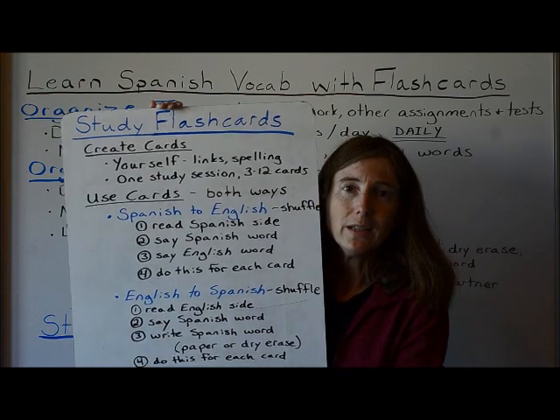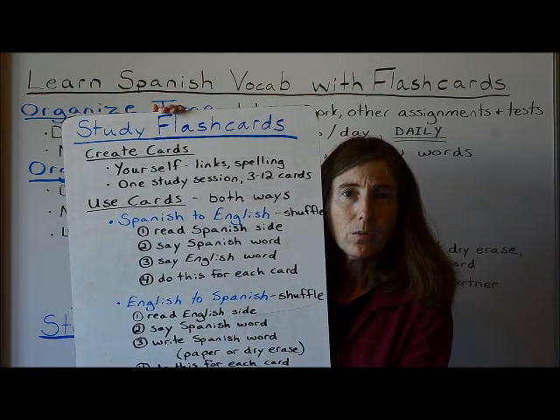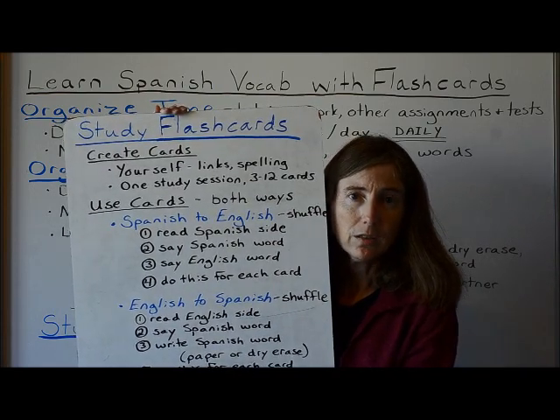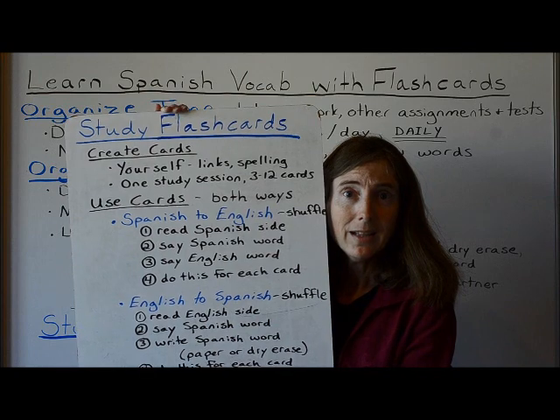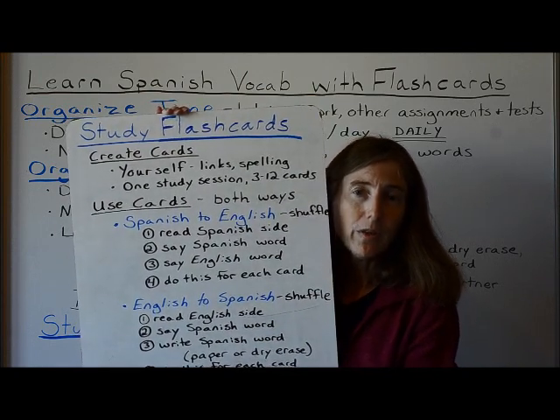Now, when people say they need to study the cards both ways, what that means is you're going to study the cards from English to Spanish and Spanish to English. Most people find that the Spanish to English is the easiest way and start with that way first.